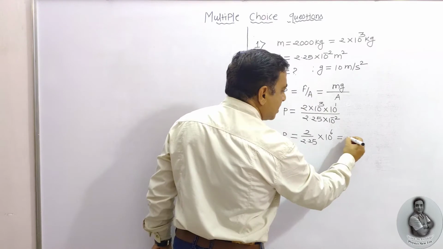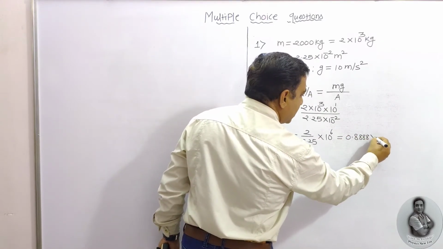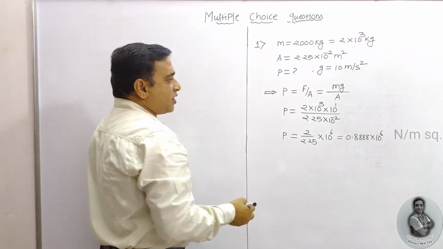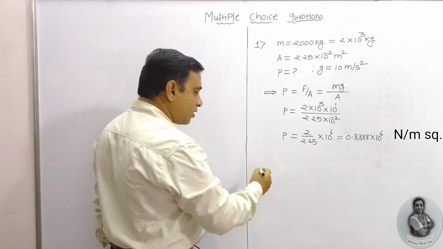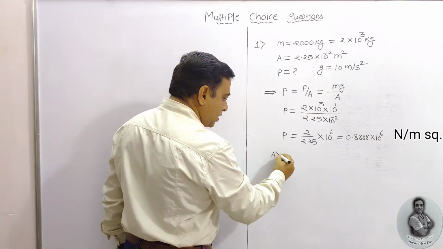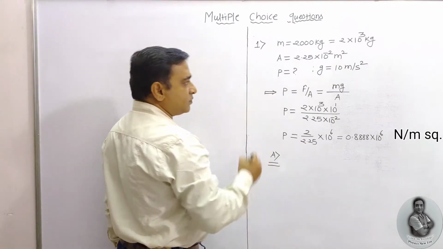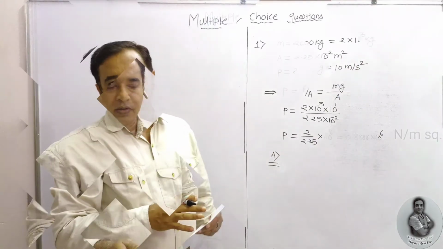So the answer is 0.8888 into 10 raised to power 6. And which one is the closest? Here option A is very close. So A is the answer for the first MCQ.